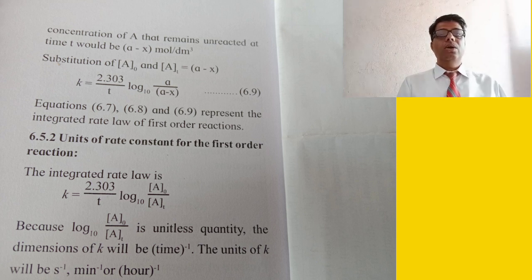As log to the base 10 of A_0 upon A_t is a unitless quantity, we cannot consider it here. The dimension of k that remains will be that of time inverse. Therefore the unit of k, that is the rate constant, is second inverse, minute inverse, or hour inverse. This is the first point.